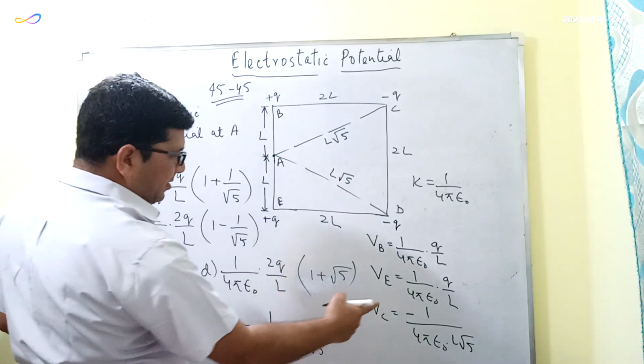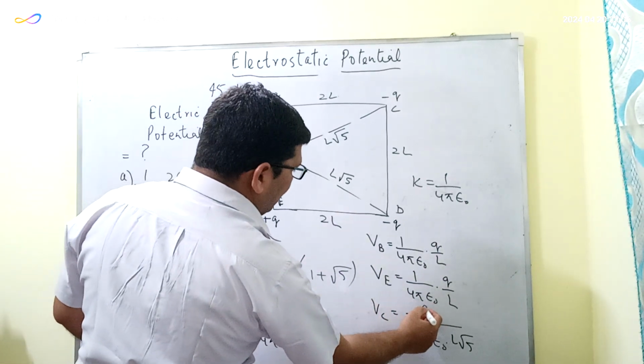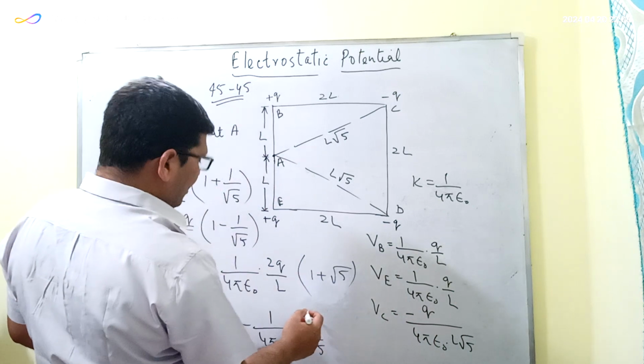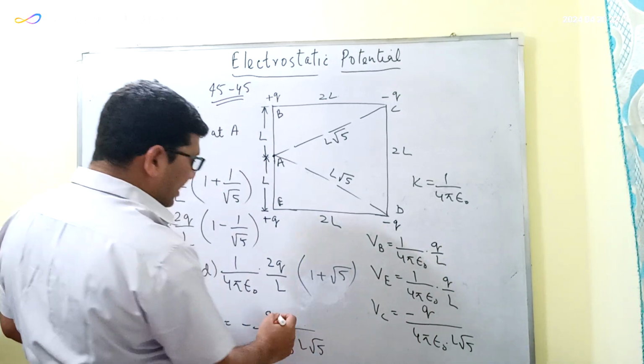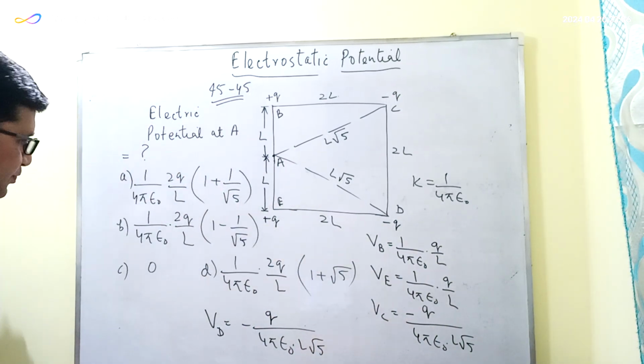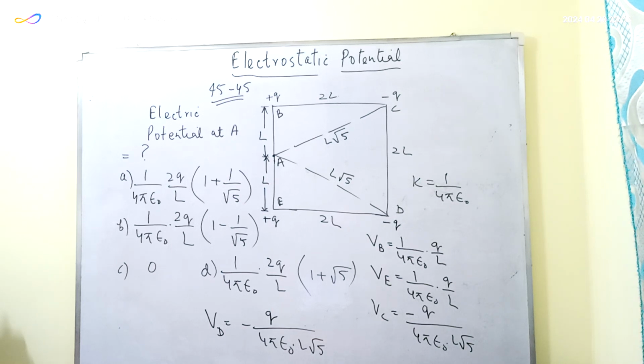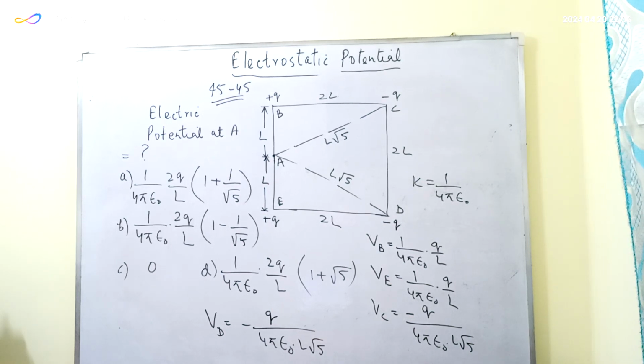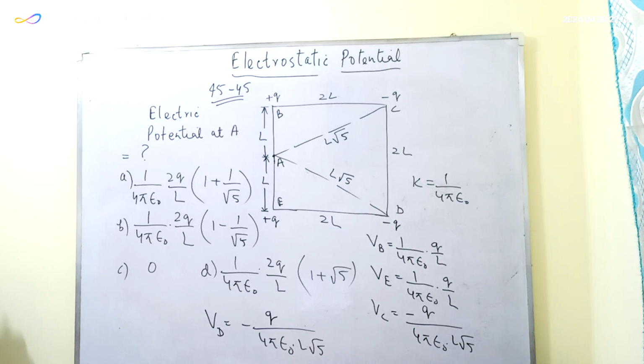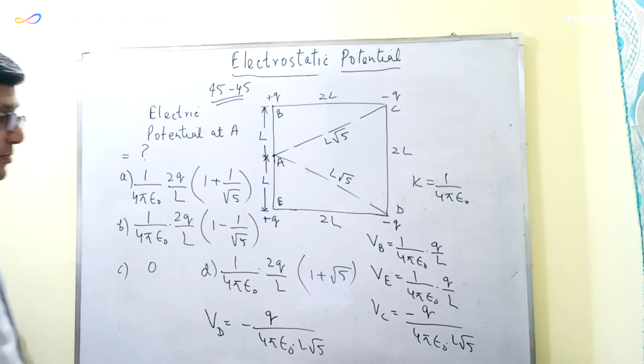यहाँ पर ये हो जाएगा, सॉरी, यहाँ पर Q, Q लिखना भूल गया मैं. So it's a common you will get 1 by 4 pi epsilon.